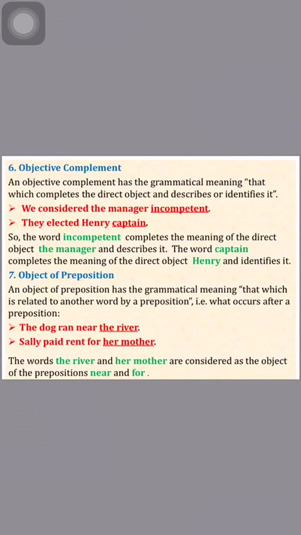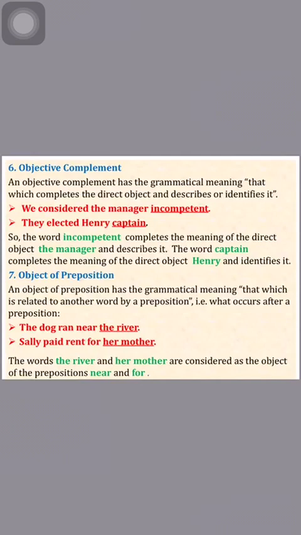In the same way as with the subjective complement, it identifies the object, whereas the subjective complement identifies the subject. The objective complement describes the direct object, whereas the subjective complement describes the subject. So the word incompetent completes the meaning of the direct object, the manager, and describes it.